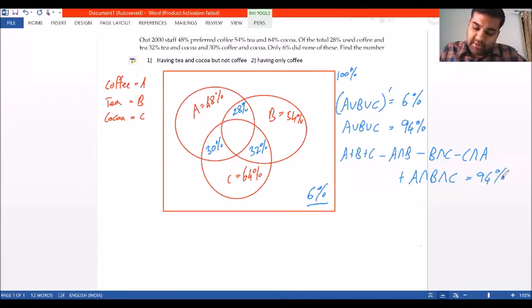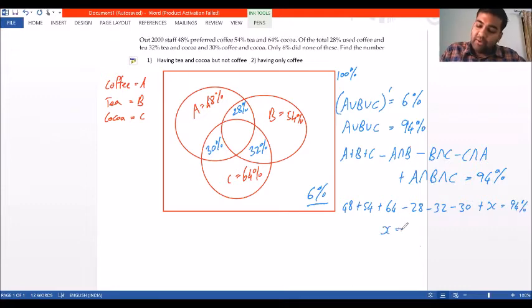Let me fill the values inside. 48 plus 54 plus 64 minus 28 minus 32 minus 30 plus x is equal to 94 percentage. If I solve this, I will get the value of x as 18 percentage. So all the three intersections will amount to 18 percentage.